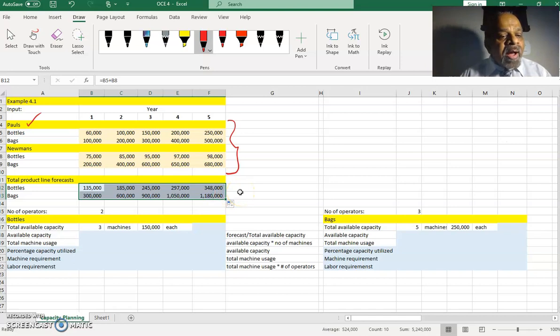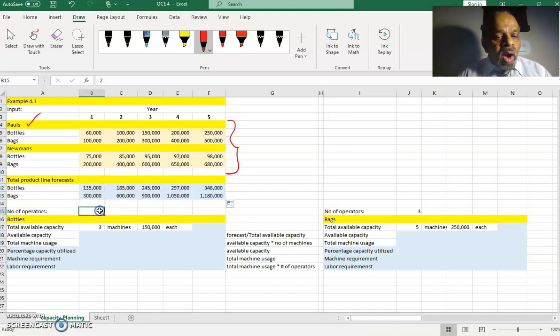So now I have the number of bottles to be produced per year and number of bags to be produced per year. I want to find whether my capacity resources are good enough for meeting this planned production. I have, for the bottles, 2 operators and 3 machines.